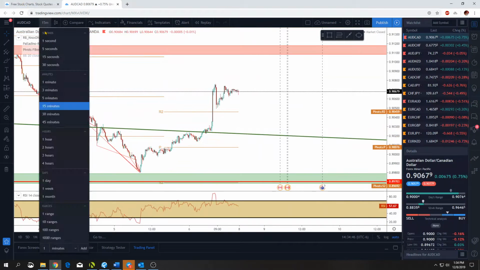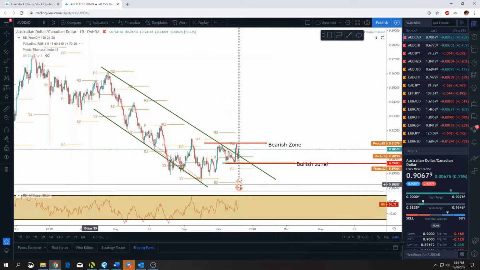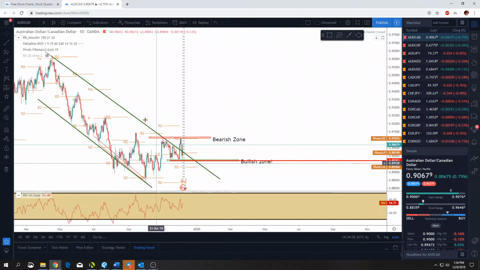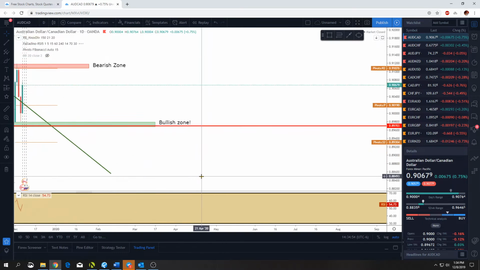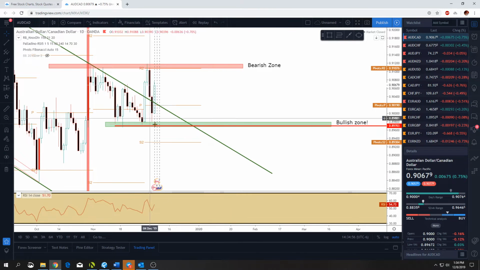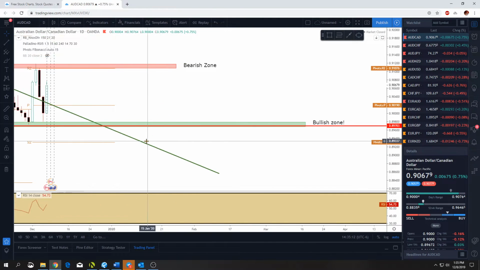So let's jump out to a daily time frame. You can see price broke into this sideways action. Last week we saw price dip down close to our bullish zone and then go bullish. Imagine that. Where price is sitting right now is right here in the middle. We have some fundamentals coming out on the Canadian dollar and then later in the week on the Australian dollar.